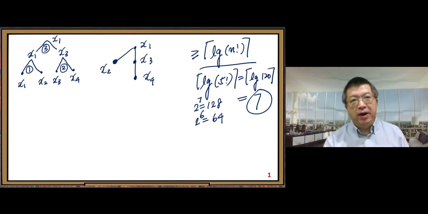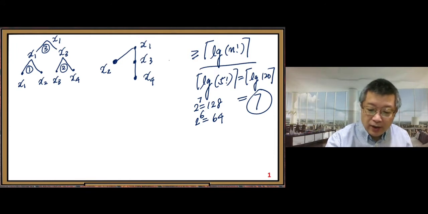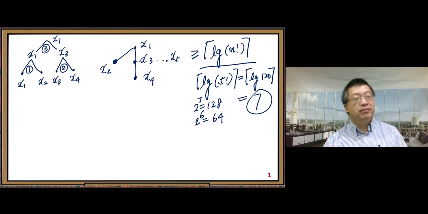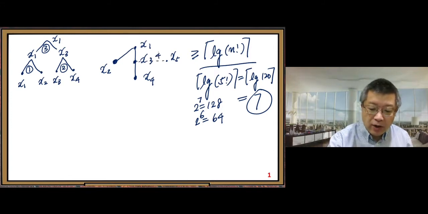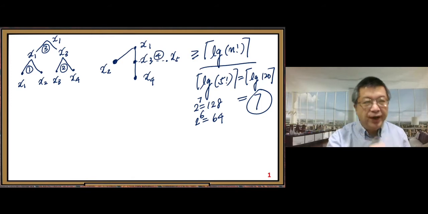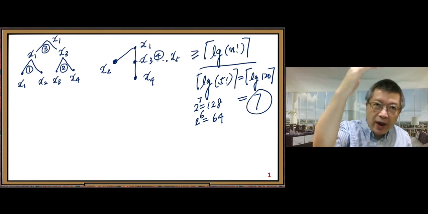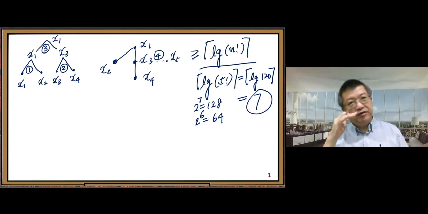Now the next comparison. What should we do with X5? We compare X5 and X3. That is our fourth comparison. There are two cases: X5 greater than X3, or X5 less than X3.